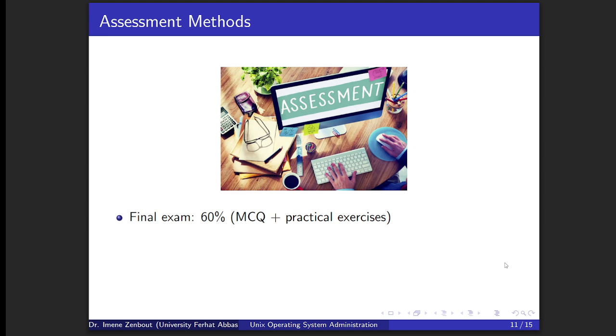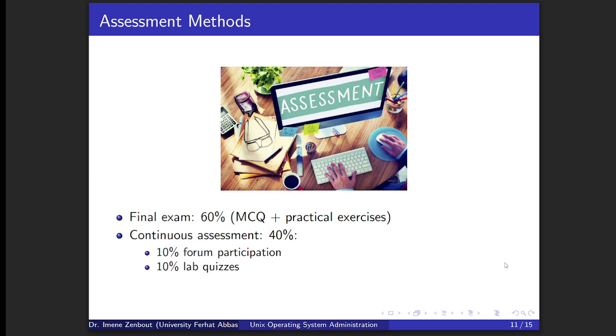The assessment method is like any course: 60% is the final exam, which will be an online MCQ and practical exercises. The continuous assessment within the three chapters includes forum participation, to understand your level of collaboration and understanding of the subject, and 10% for lab quizzes, a set of quizzes added gradually to understand where you stand.